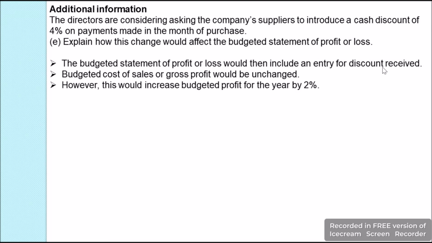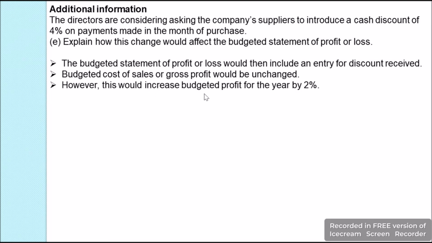First, we'll do the trading part of the profit or loss, where we calculate the cost of sales and gross profit, and we don't include the discount received in this part of the statement of profit or loss. But after the calculation of gross profit, we add this discount received. Hence, there will be no change in the cost of sales or gross profit.